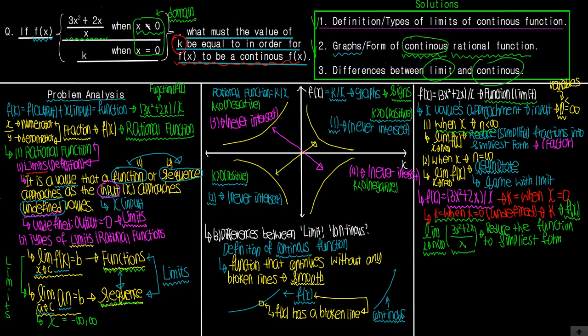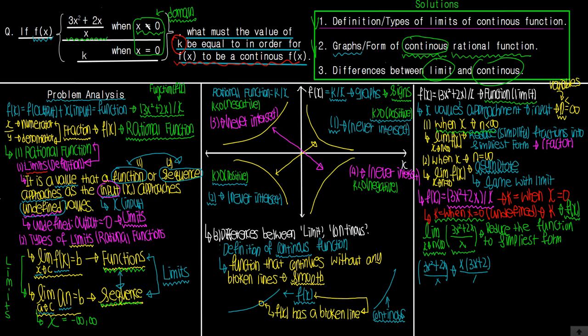All of the terms, in both numerator and denominator, contain x. So all I have to do is factor the x out. As I've talked about, we have 3x squared plus 2x over x, and all of them are divisible by x. So that means it will be x times 3x plus 2, all over x.